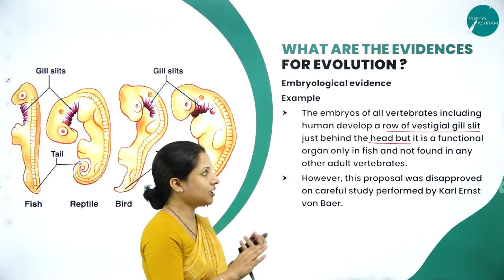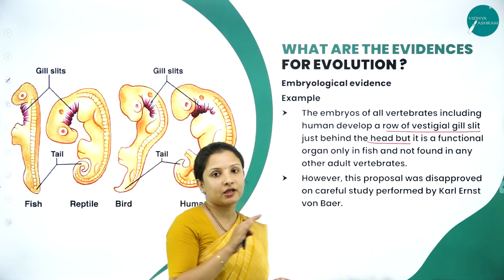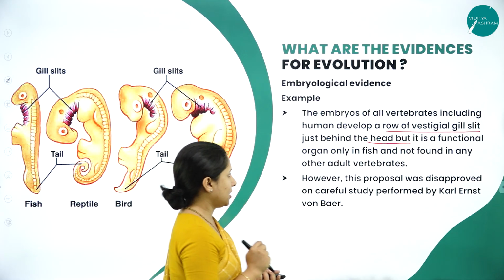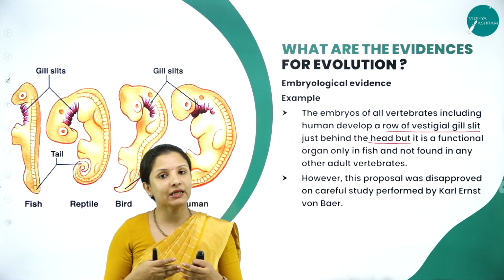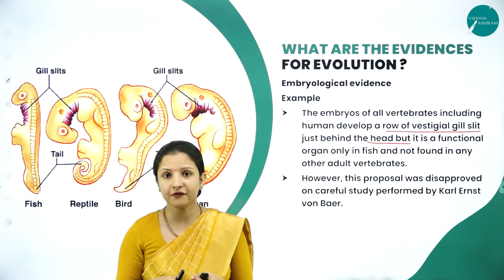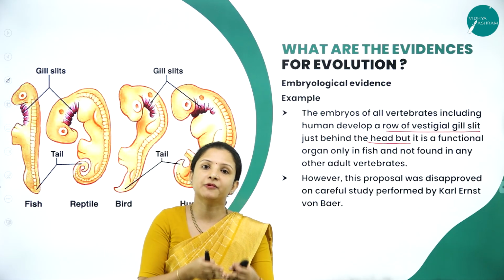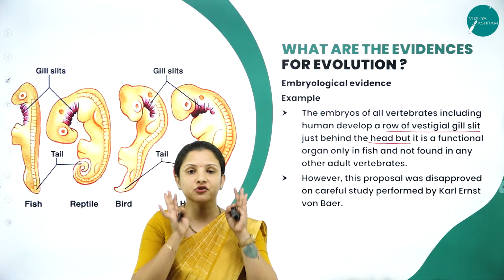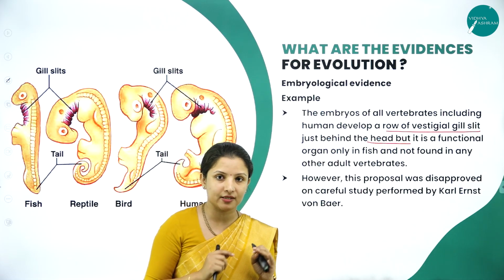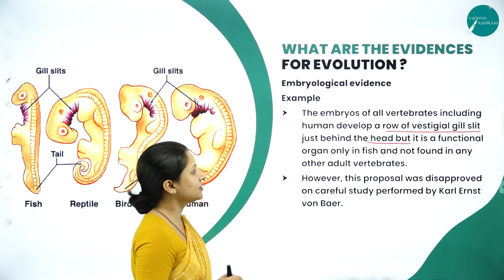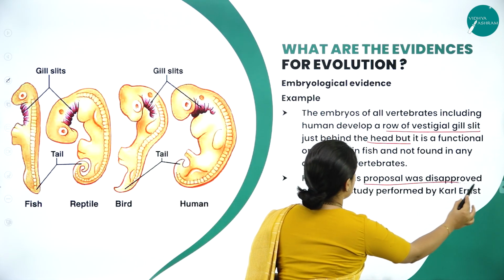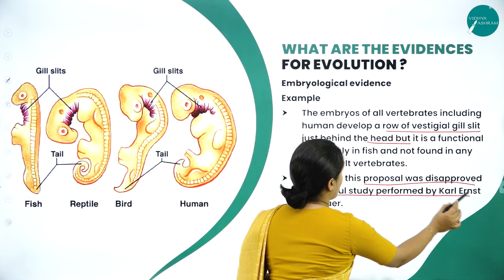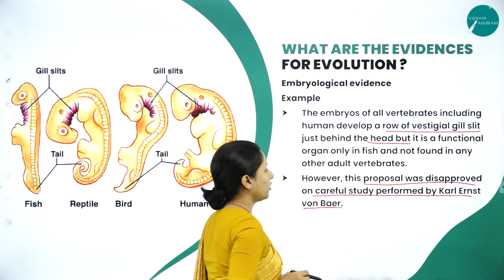He got to know this while looking into the embryos of the vertebrates, and it is present in adult form only in the fishes. Why in the fishes? Because fishes are adapted to live in water, and they do not have nostrils to breathe. They need to depend on the gill slits for breathing. However, this proposal was disapproved on careful study.